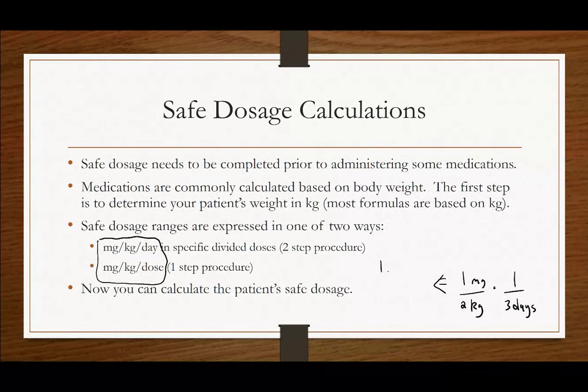So we would end up with here 1 milligram per 2 kilograms per 3 days. The format that you see here is what we'll end up using, where we have 2 units in our denominator if that becomes necessary. And we can use this to keep the structure of our problem similar to the other examples that we've seen.